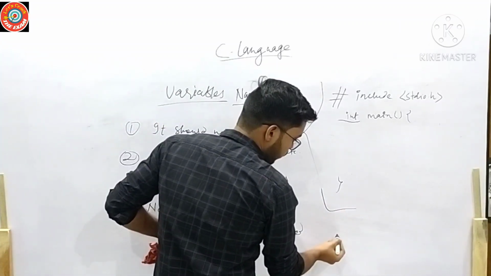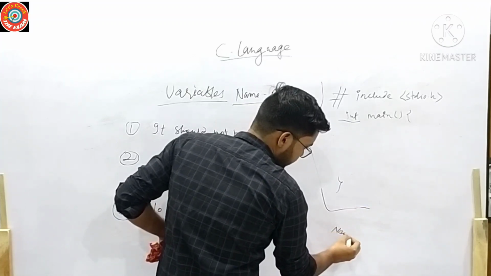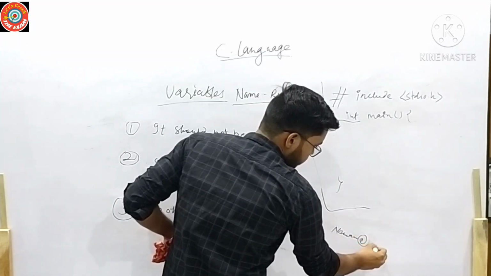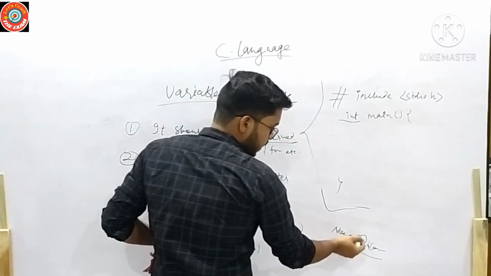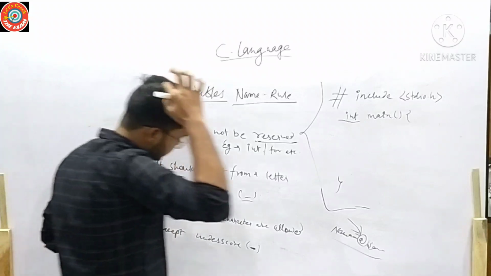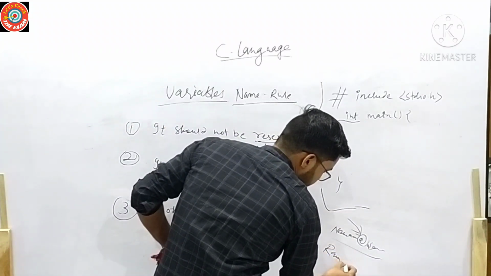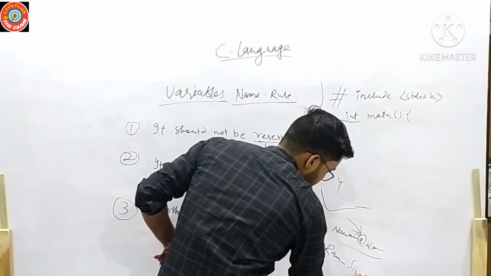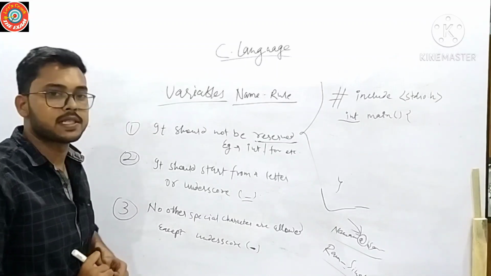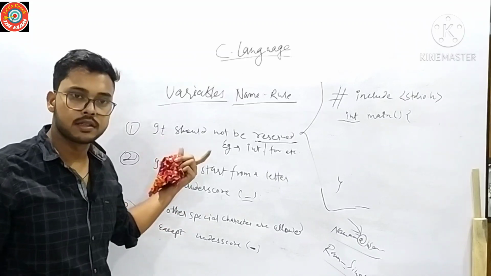We cannot name our variable as naman@something. We can just use, for example, Ram_Singh. We can use underscore, not other special characters. So these are the rules for naming our variables in C language.